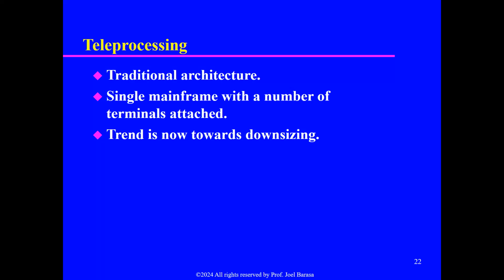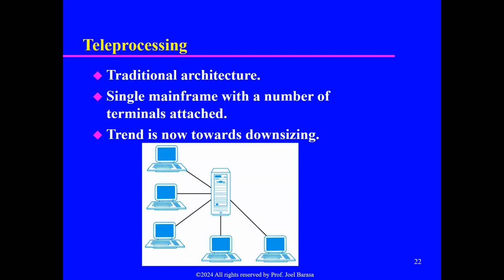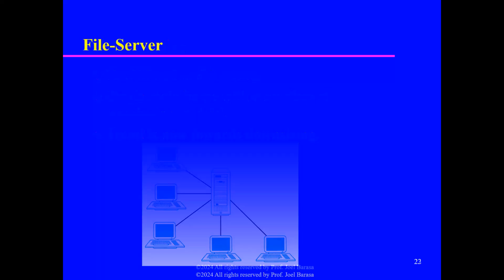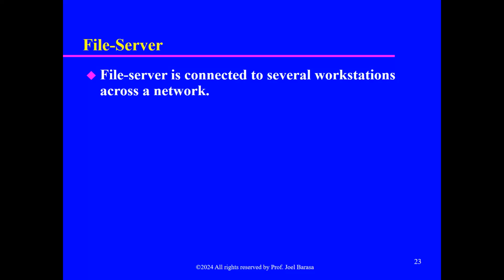The trend is now towards downsizing of this. You can have one element connected to one centralized point. All of them are connected with a network cable to ensure that data can be shared and moved from one area to another.